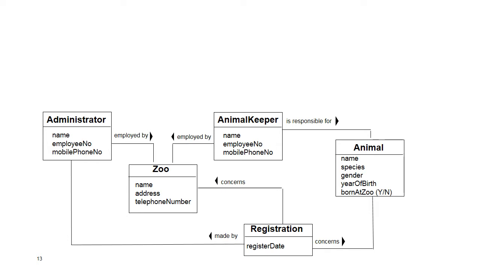That means that you transform the association to a class. And this registration class can have the register date. And we can see that registration is made by the administrator, it concerns an animal, and it concerns a zoo.